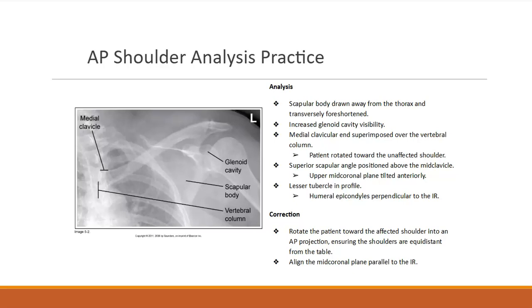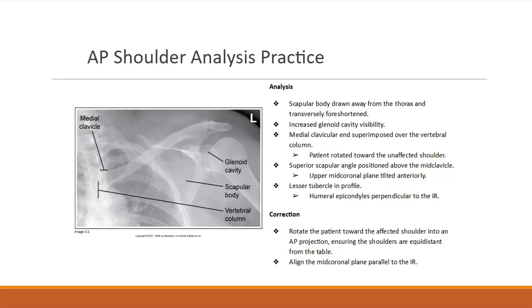Also, we want to look for plane tilting. The scapular body is drawn away from the thorax more than in a true AP projection, so it is transversely foreshortened. In order to correct this, we're going to have to get that coronal plane parallel with the IR again.